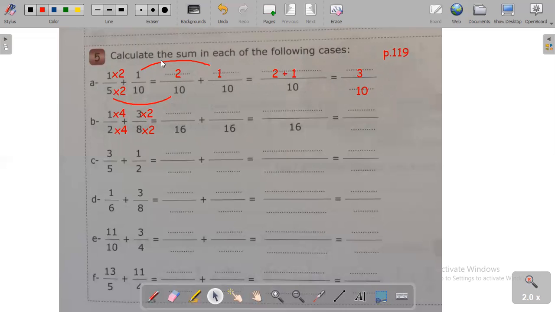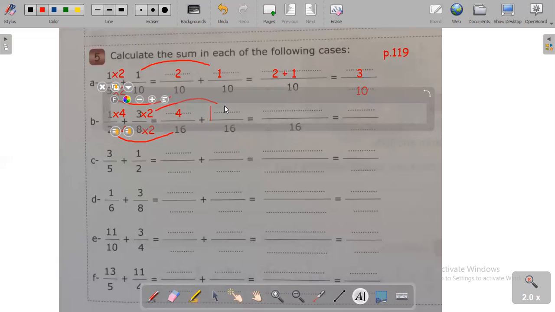Now, this fraction will be here: 1 times 4, 4. So 4/16. Now this fraction will be here: 3 times 2, 6.